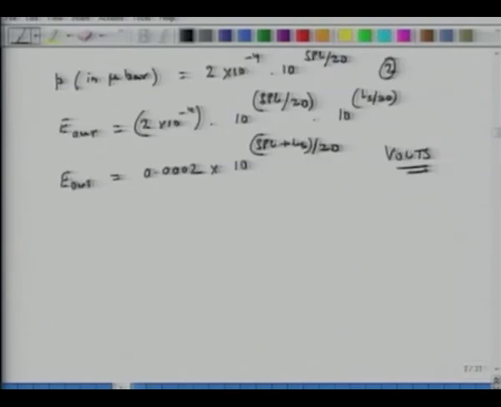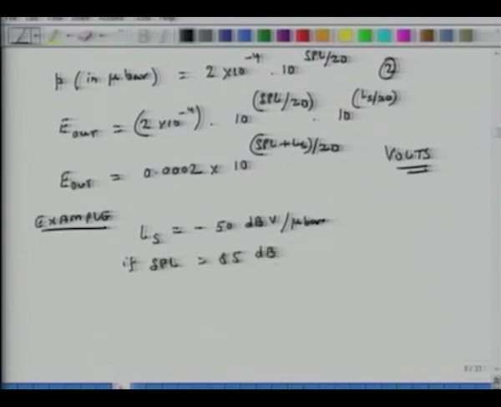So we'll do an example. Let's consider a microphone which has a sensitivity Ls of minus 50 decibel voltage for each microbar, and the question is what will be the output of this microphone when my SPL is 85 dB. So if SPL equals 85 decibels, what is E out?